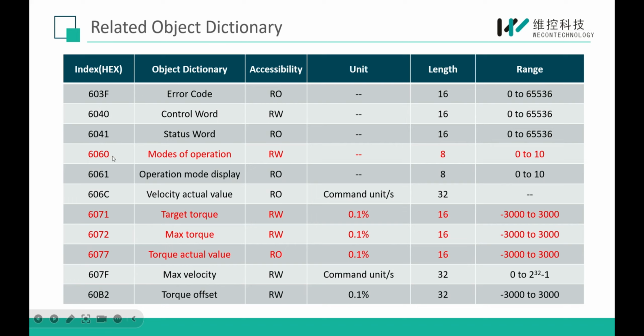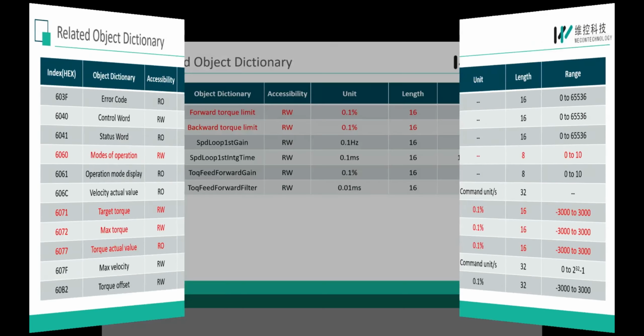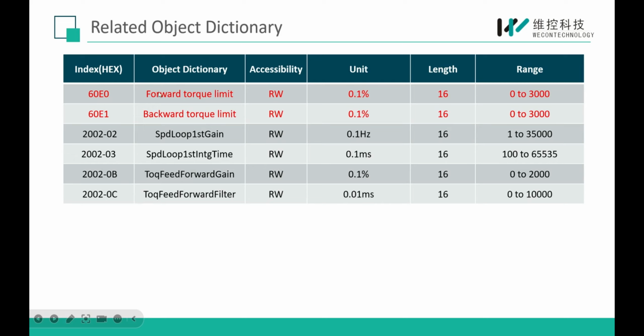First, 6060 is used to set the operation mode, and 6071 is used to set our target torque, and 6072 is our max torque, and also 6077 is the value feedback from our driver to PLC. And also we need to set the forward torque limit and backward torque limit for our driver.